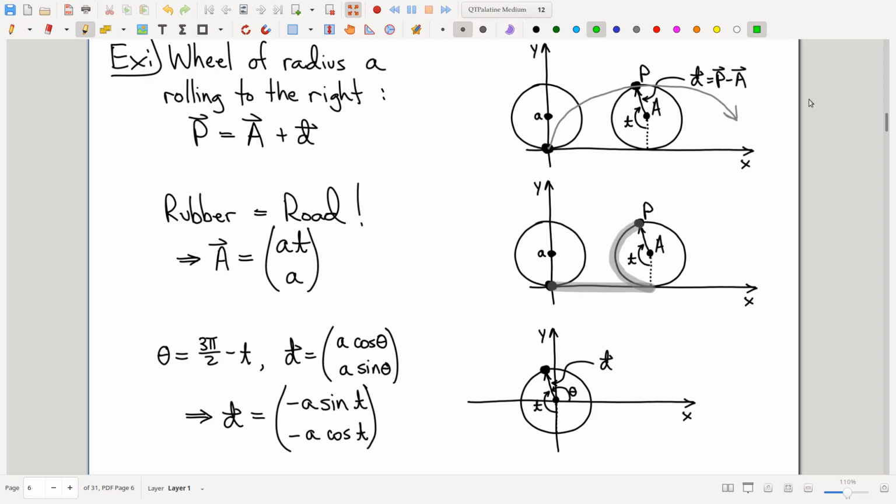So I am going to suggest that we let t be this angle right here as I have it labeled. So measured off of the straight down direction, measured clockwise, which is the way the wheel is rolling, clockwise from straight down, we're going to call that angle t, measured up to the spoke where the reflector is.